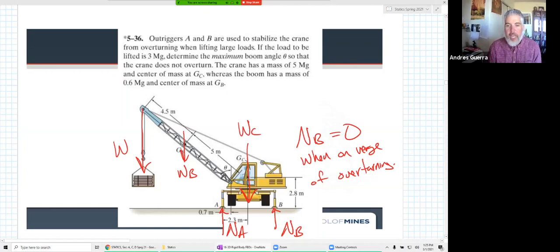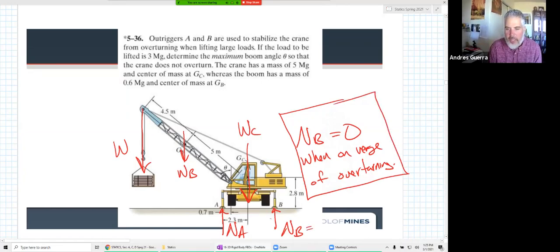So we have to know that. That's our first key thing when we're doing overturning problems: knowing that the normal force is equal to zero at whatever point is going to come off the ground, and we have to think about that physically, as to what would happen if this did tip over. When we set the normal force equal to 0, we're saying we're on the verge of overturning.